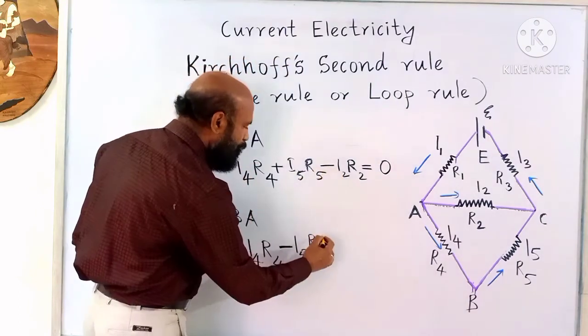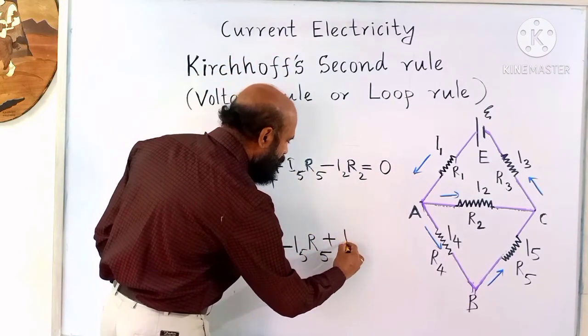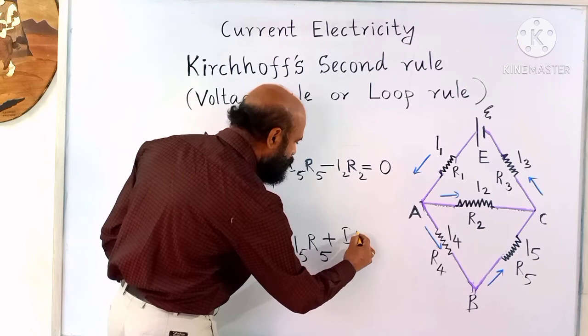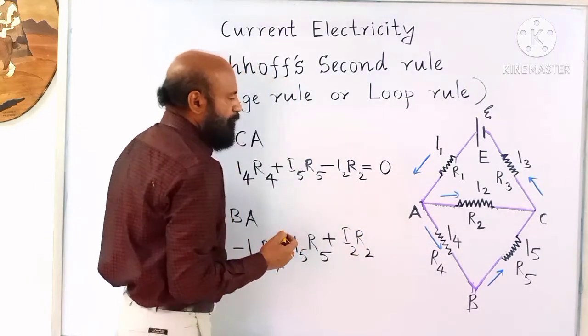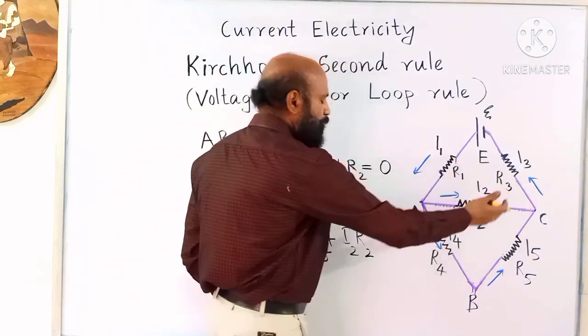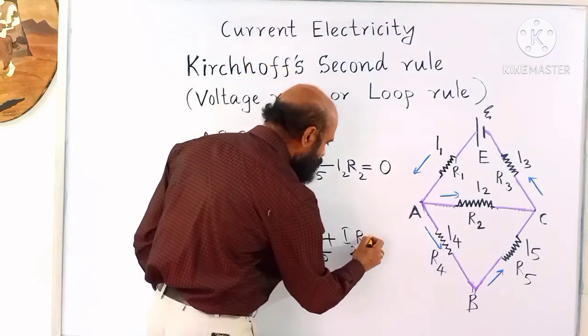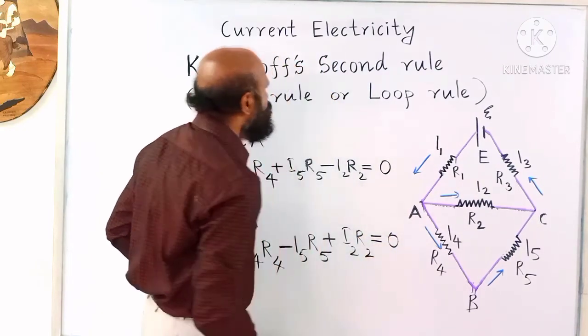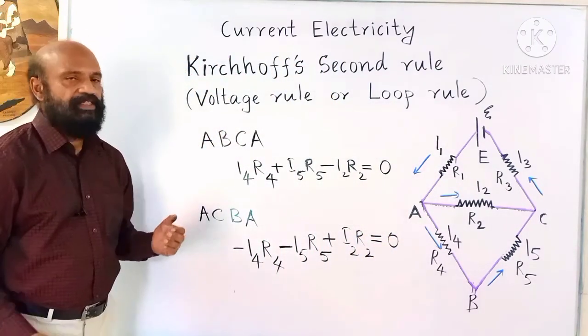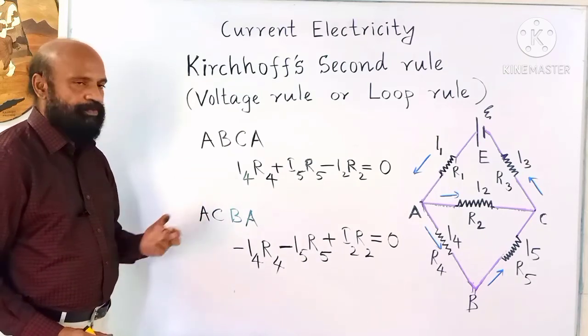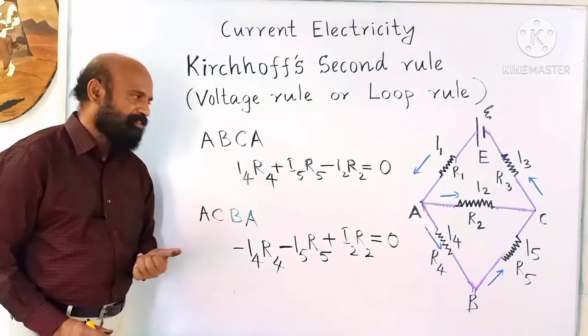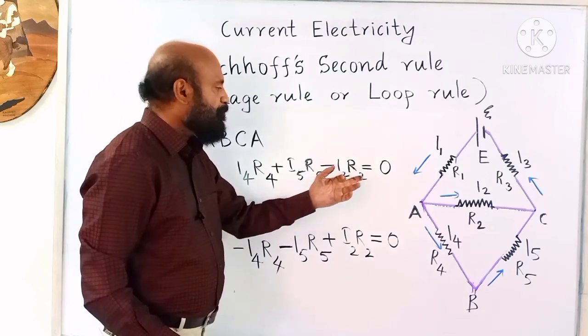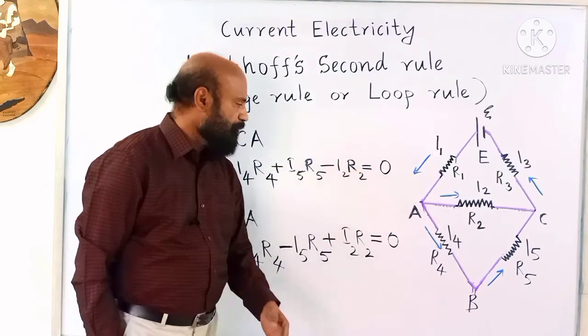So instead of minus, now it will be plus I2 R2. Then since there is no EMF in this loop, it is 0. So that is Kirchhoff's second rule. Algebraic sum of the product of resistance and current is equal to the algebraic sum of the EMF.